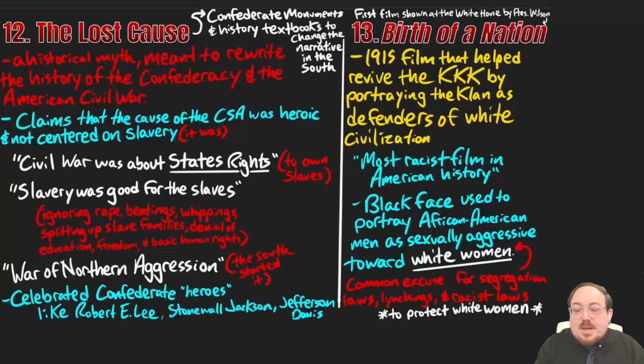But again, by rewriting history, by trying to soften the image of the Confederacy and change it, they're trying to make themselves feel better, but also help maintain that superiority, that white superiority and white supremacy in the South.